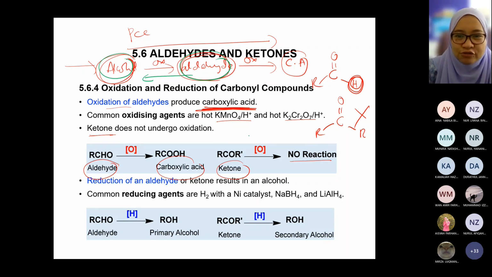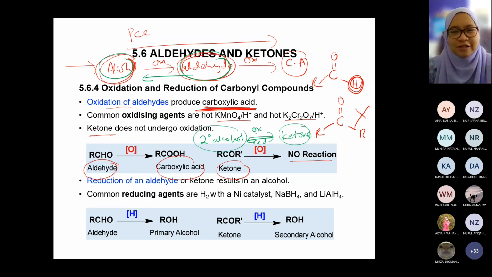Remember alcohol last time yang you belajar tu, is it secondary alcohol kan? Secondary alcohol you oxidize, you akan produce ketone, kan? Tapi kalau you reduce this ketone, I'm talking about reduction, maksudnya reverse, you akan produce secondary alcohol. Dia forward reverse, dia terbalik lah.